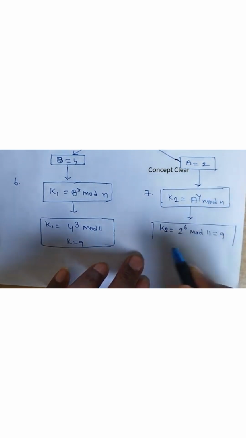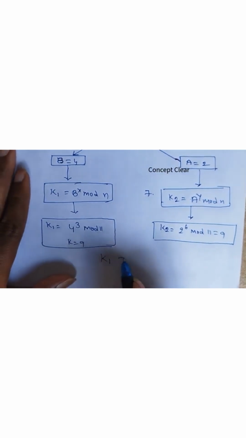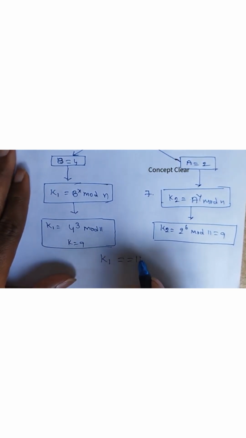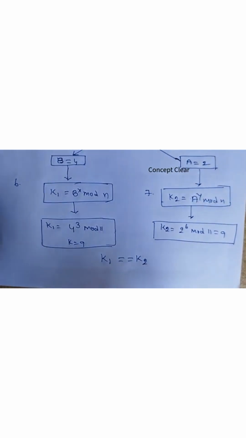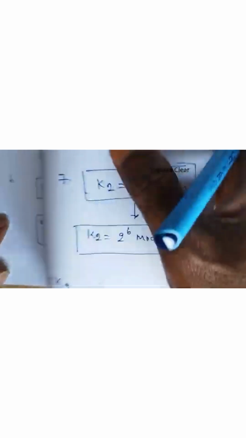So k2 equals 9. Finally, we are saying that k1 equals k2. This condition is satisfied, so the key is successfully exchanged from sender to receiver. Okay, this is about the Diffie-Hellman key exchange algorithm.